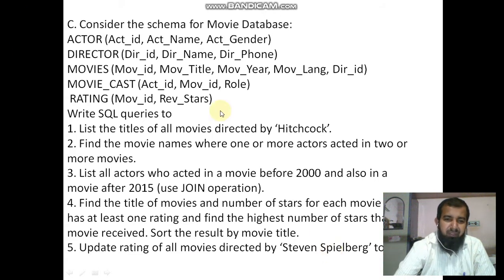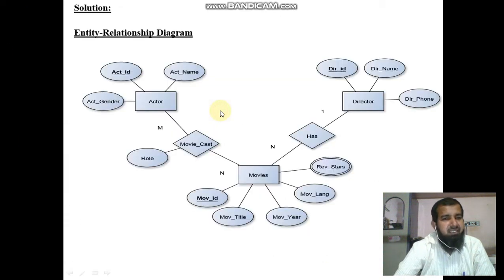Just do one by one. First, the ER diagram, entity relationship diagram. It contains actor, movies and director, all of the entities, and actor ID, actor name, actor gender, all of the attributes. Then movie cast, attribute role. This is the relation between actor and movies.